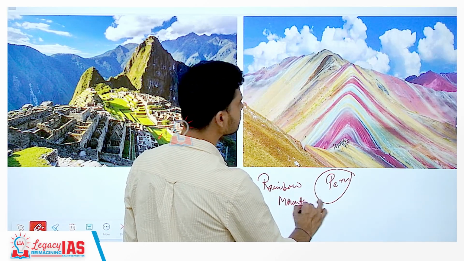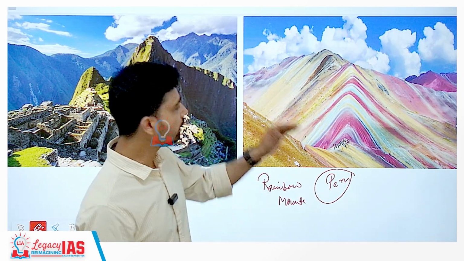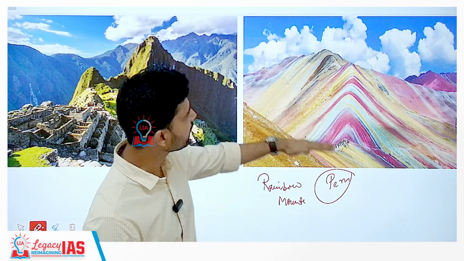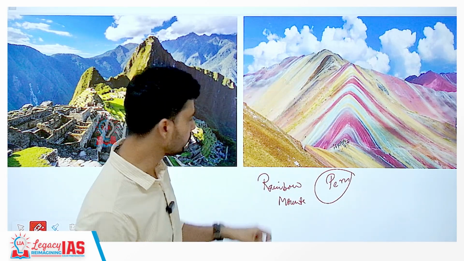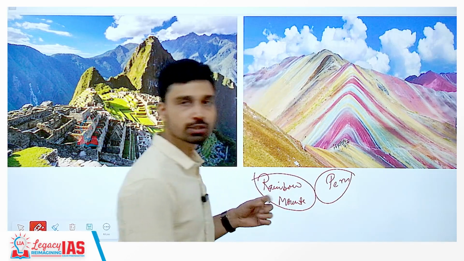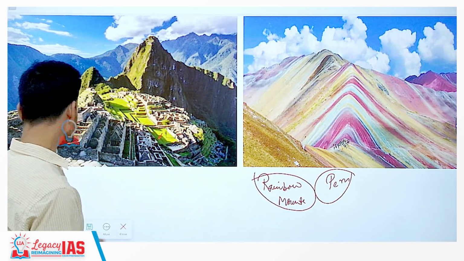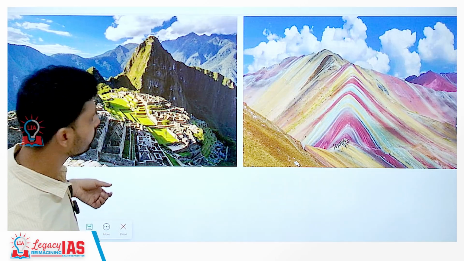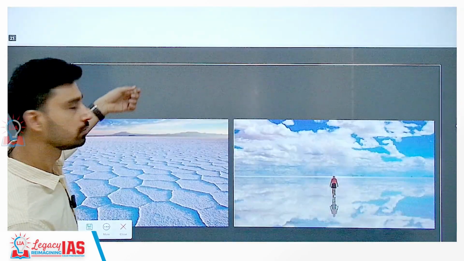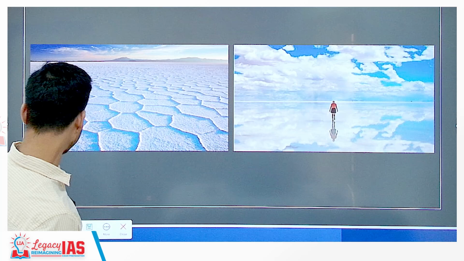On a clear sunny day, due to the sunlight incident on these mountains, you can see 7 different colors of the rocks exposed, and it attracts a lot of tourists, both local and overseas. So both Machu Picchu and, as we discussed, Rainbow Mountain are situated here.